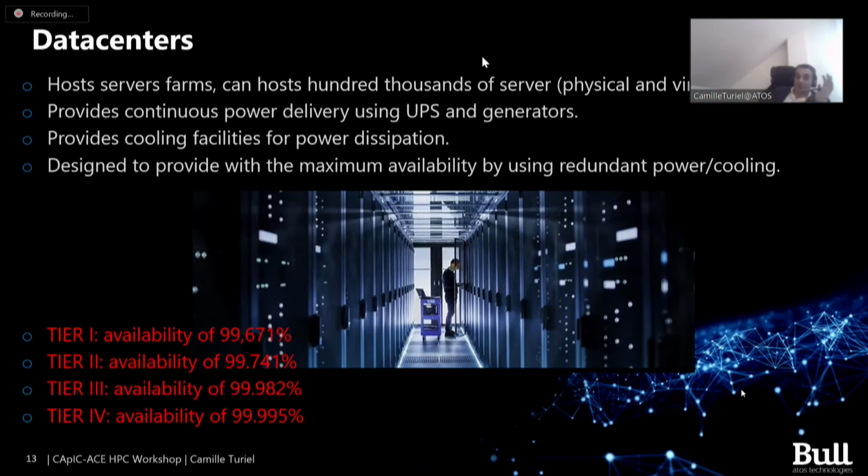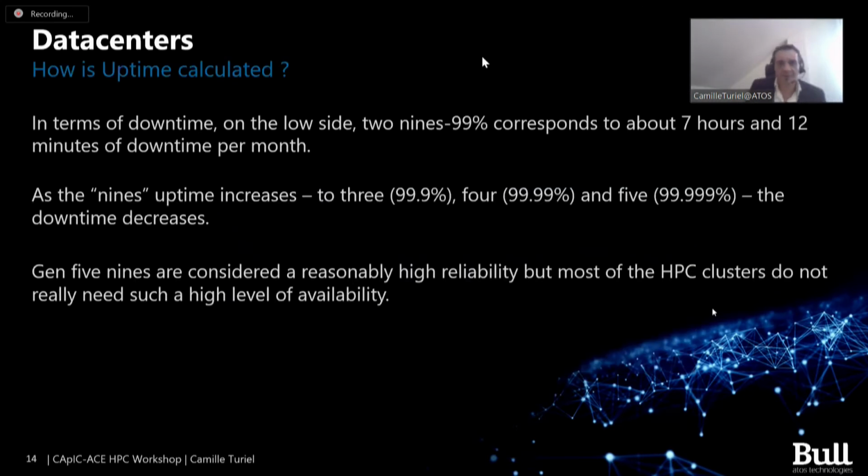So tier 1, tier 2, tier 3, tier 4 are the different classes of availability for data centers. But in the world of HPC, I would say you are not even in the first tier of required availability. We'll see on the next slide, it's 7 hours and 12 minutes downtime per month.